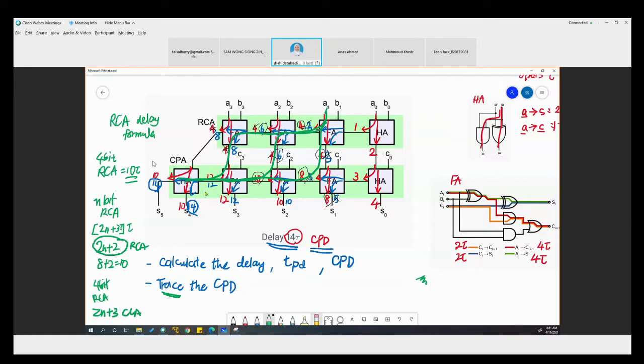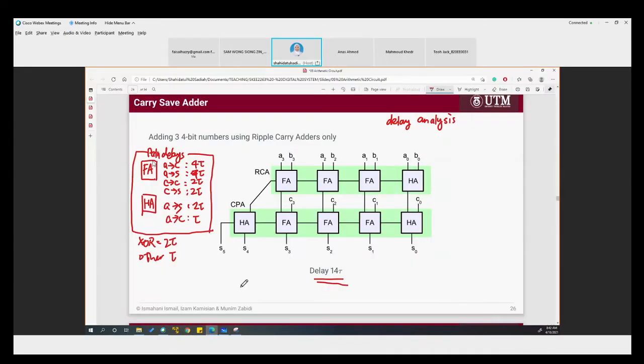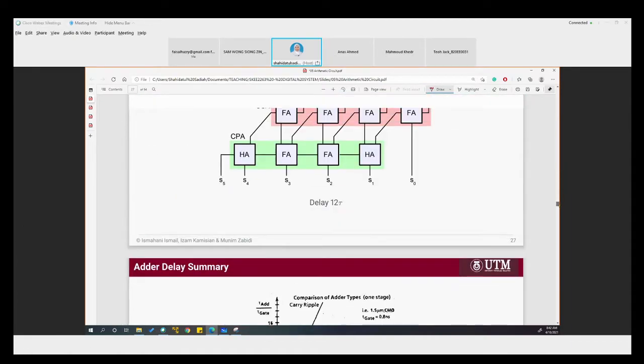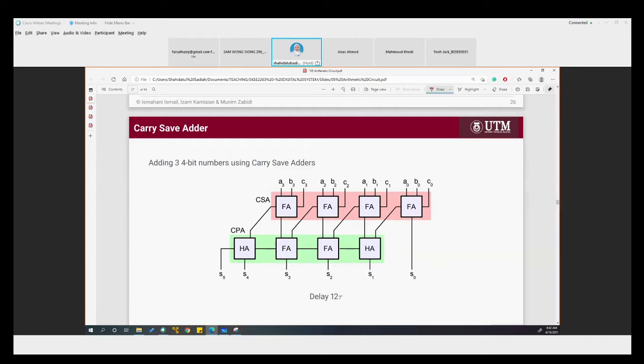It's not the same path as the normal RCA, because we have cascaded and designed it like this. I hope you can find the delay here using the same formula.